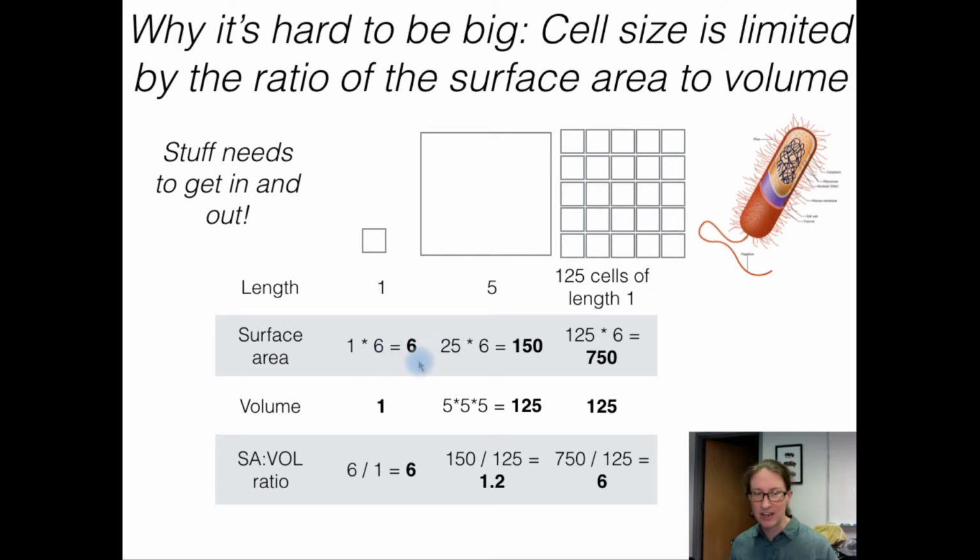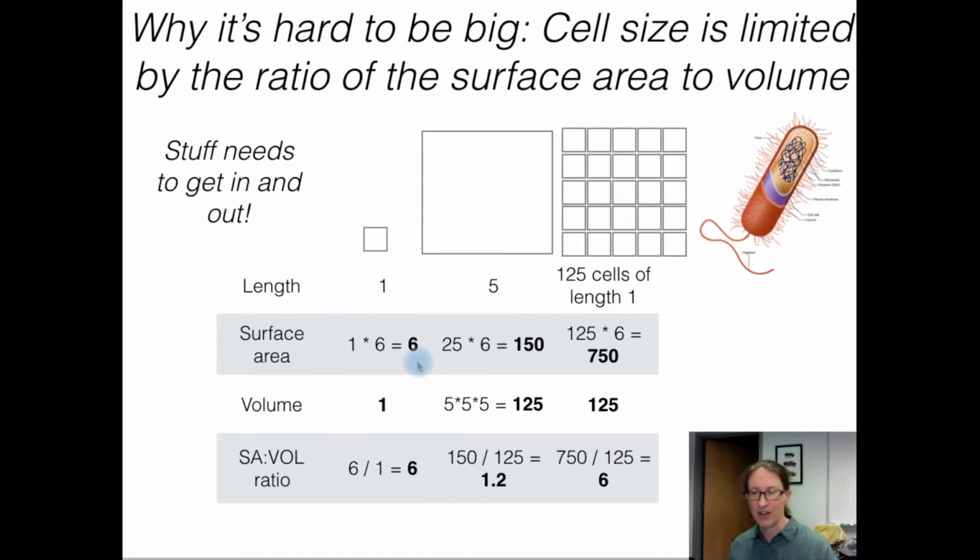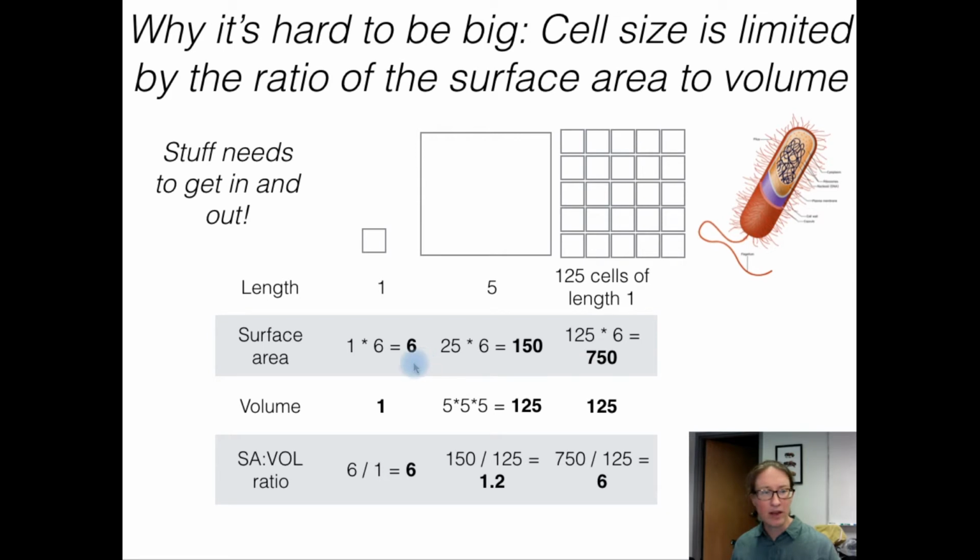Because each side is going to be 1 squared times 6 sides gives you a total surface area of 6. And then meanwhile, the cube's volume is going to be 1 cubed because length times width times height is 1. So that's going to result in a surface area to volume ratio of 6/1 or 6.